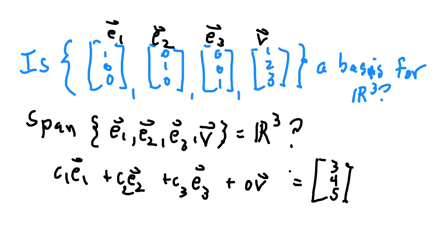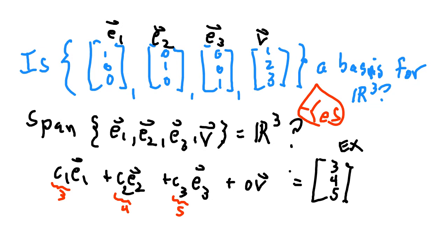For instance, if you had 3, 4, 5, well, what would C1 need to be? C1 would be 3, right, Belen? C2 would be 4, good. And C3 would be 5, good. So any vector in three-dimensional space is in the span of these four vectors. So yes, this is true.